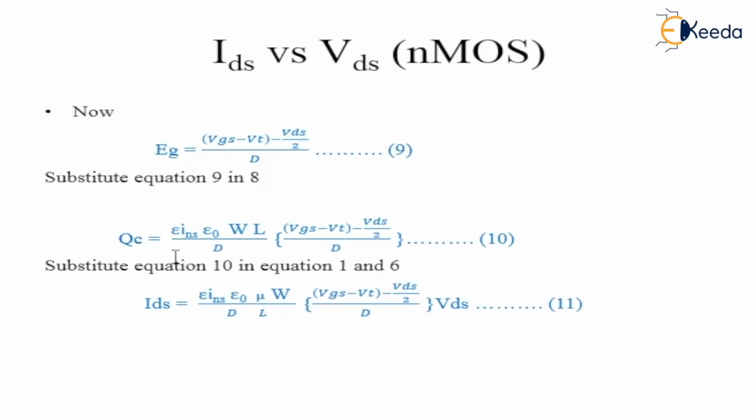Then the resultant is QC is equal to epsilon insulating into epsilon WL by D into VGS minus VT minus VDS by 2 by D. This is considered as equation number 10.